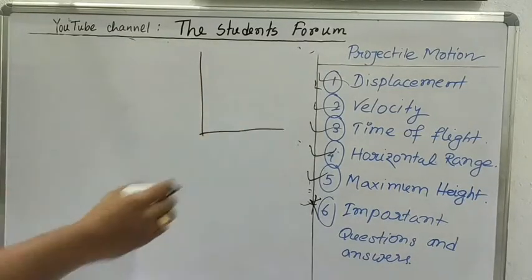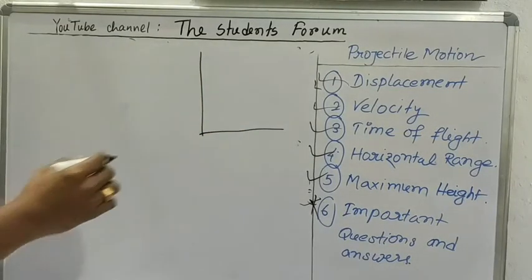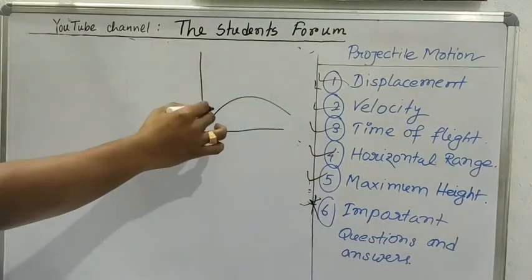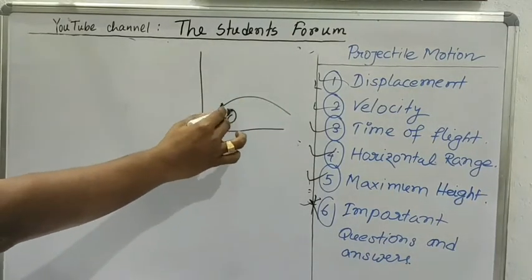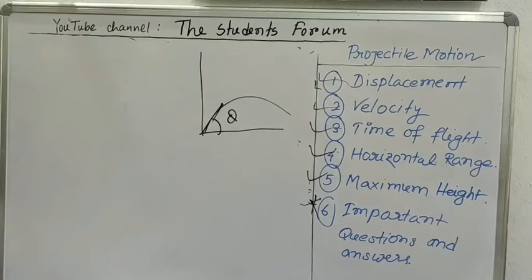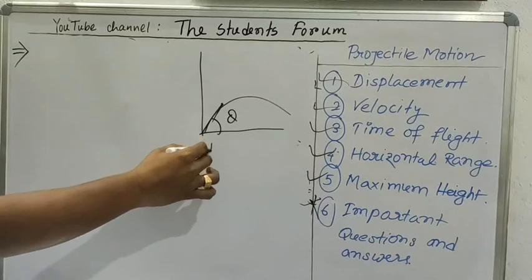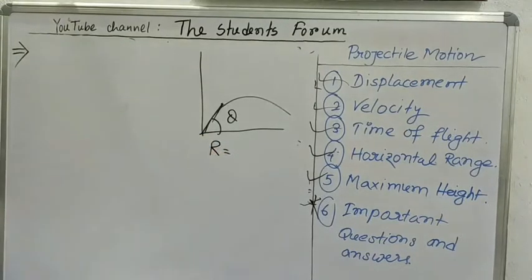Suppose the projectile is thrown with the speed of v at an angle theta on the earth surface. So here they asked what is the value of range on the surface of the moon. So for that we have to find out the value of the range.